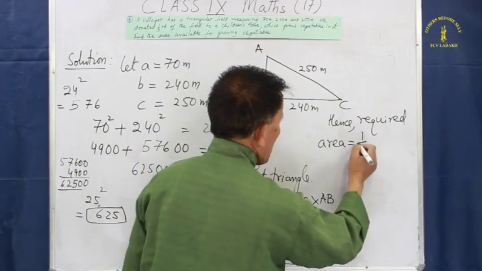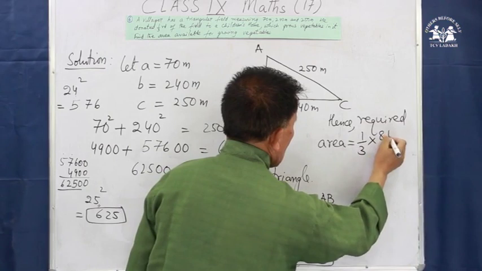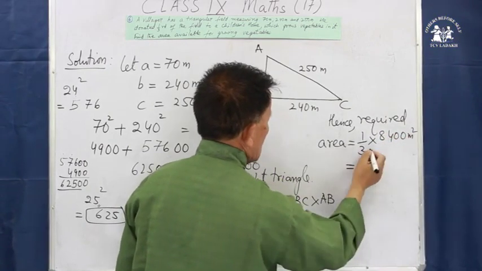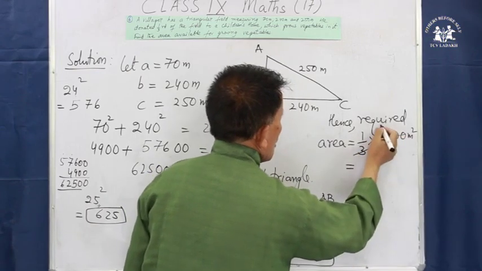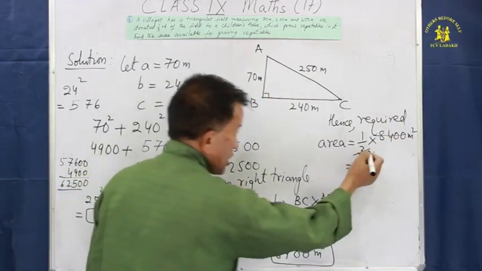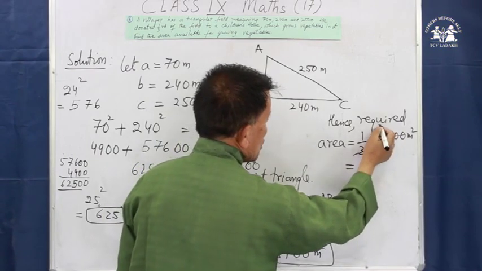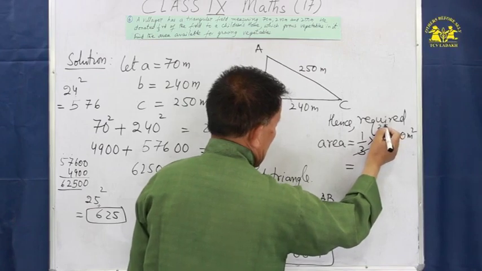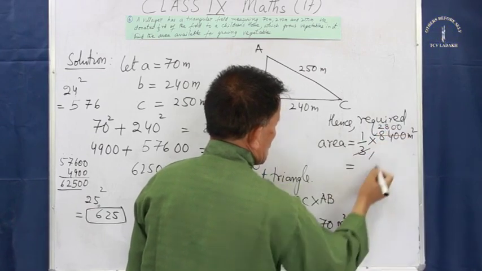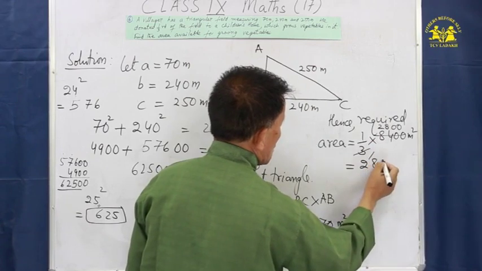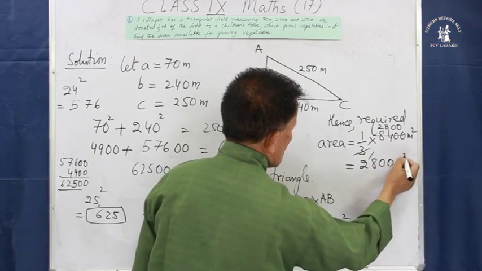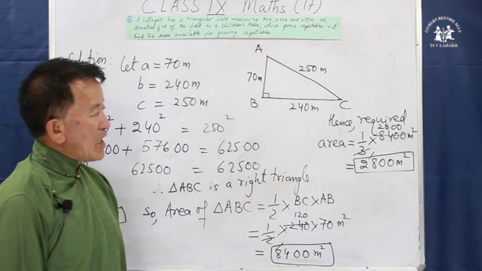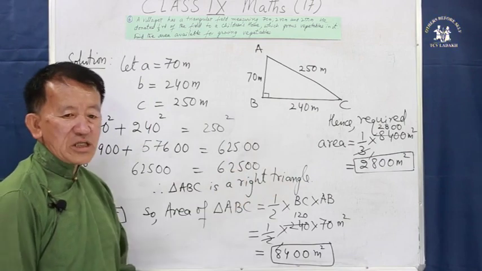So 1/3 into 8,400 square meter. 3 twos are 6, 3 8s are 24, 0, 0. So that is equal to 2,800 square meters. So that is the required area for growing vegetables.